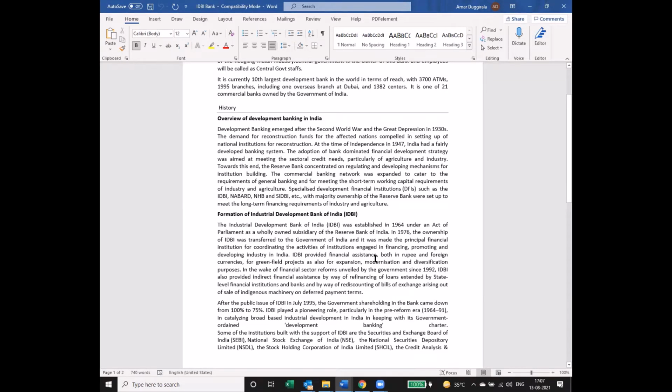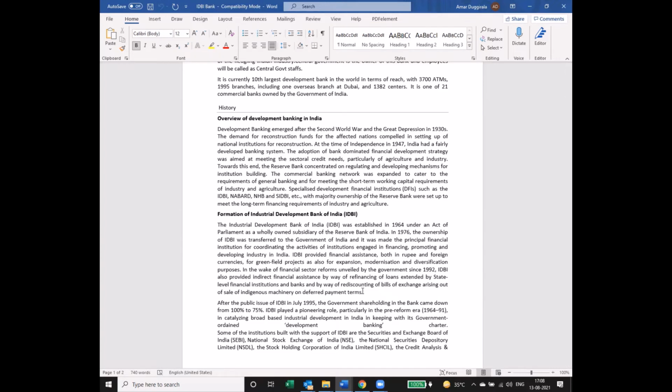The ownership was transferred to the Government of India completely. Earlier, in 1964, this was established under the Reserve Bank of India. Then 100% of the shareholding was transferred to the Government of India, and IDBI started providing financial assistance for greenfield projects, for expansion, modernization, and diversification.